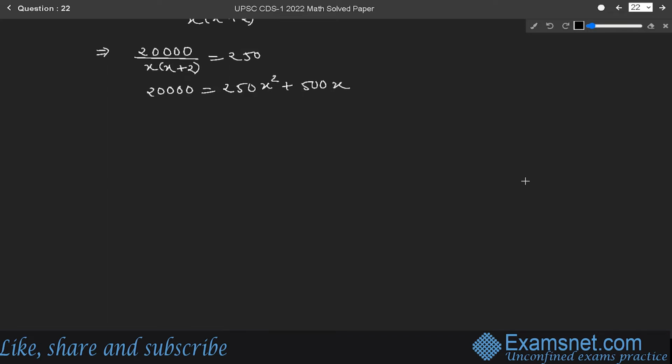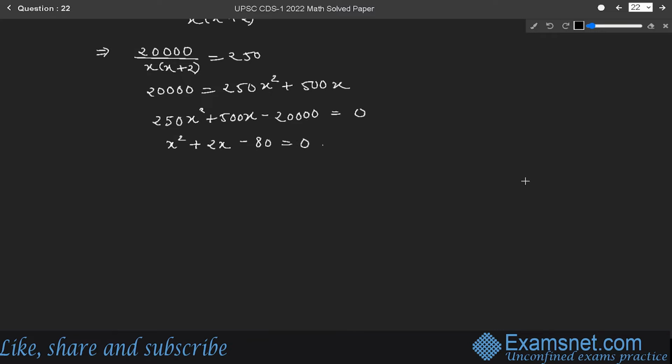So it can be written as 250 x square plus 500 x minus 20,000 is equal to 0. We are writing it in the form of a quadratic equation. On dividing this whole equation by 250, we get x square plus 2x minus 80 is equal to 0.